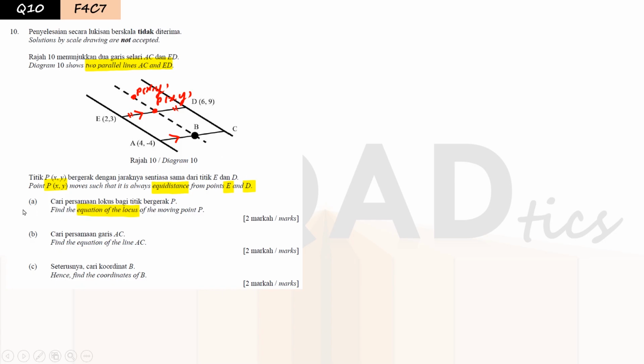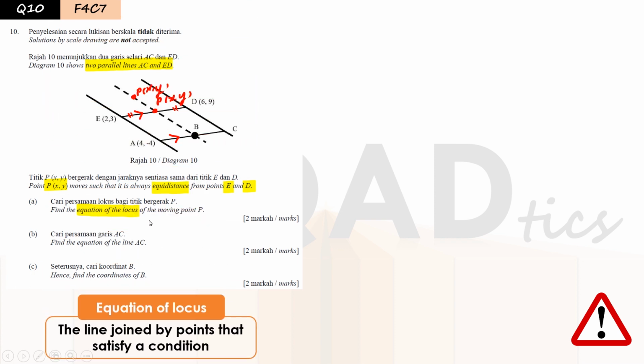So now in part A, we need to find the equation of locus. Right, so let's recall what is equation of locus. This equation of locus is the line that is joined by the points that satisfy a condition. So just now our condition is this, right? Equidistance from point E and D. And we already found 2 points which satisfy the condition.